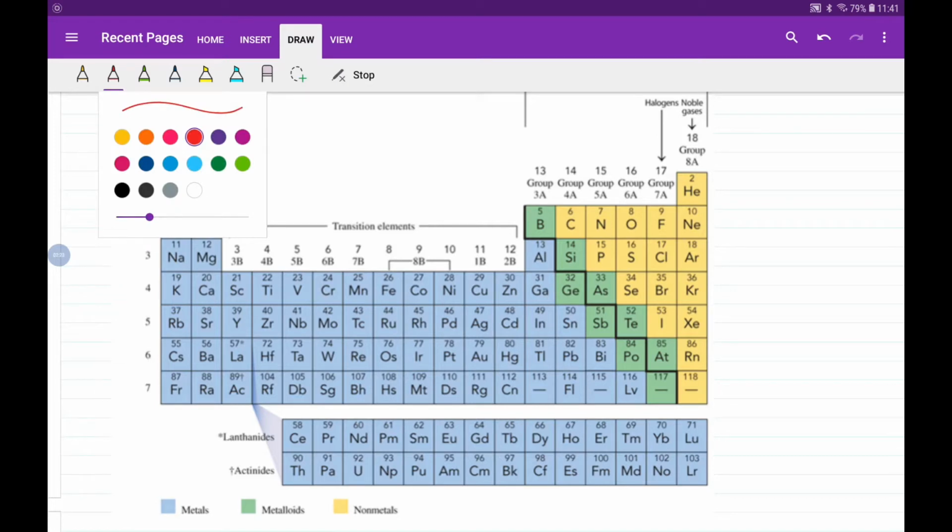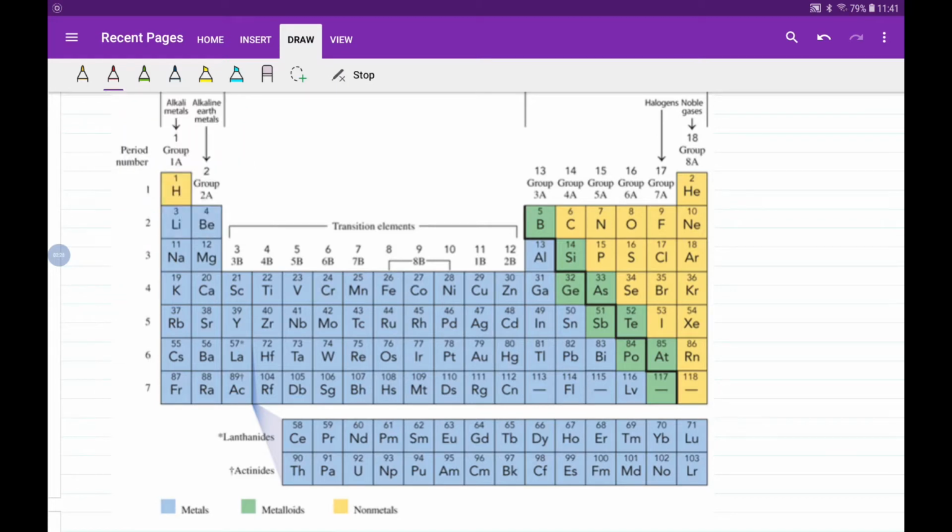Fluorine, for example, likes to pull electrons to itself when it's combined with other elements. And the noble gases, right here, don't like to interact with any other elements. Therefore, when fluorine combines with other elements, it's not going to be a central atom. So we can exclude fluorine for now.